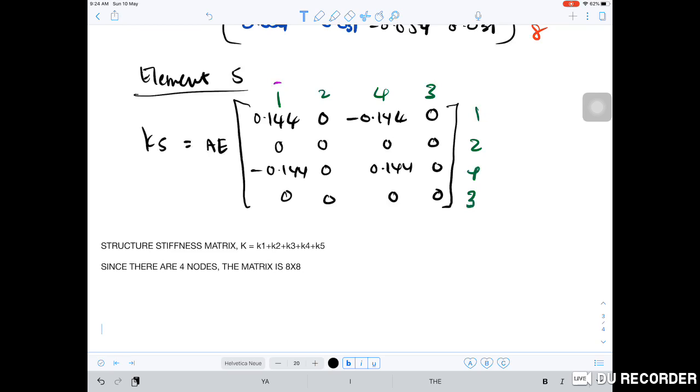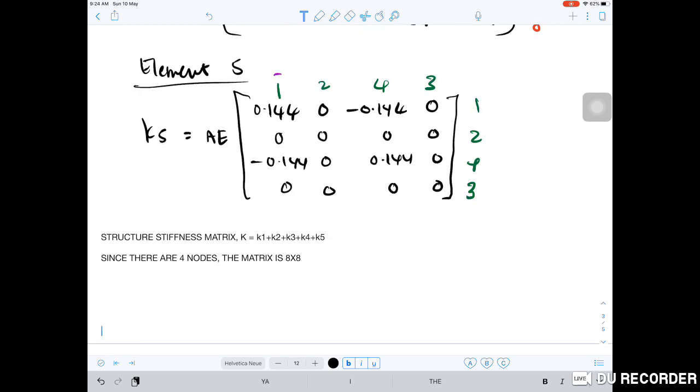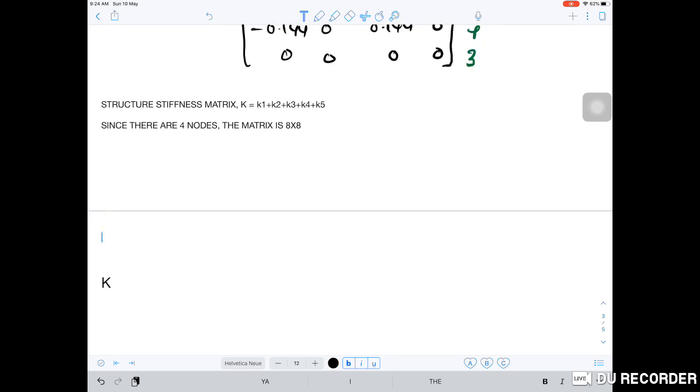We will establish the first value, which is 1 1. This is K, and K is equal to AE. Don't forget to put AE. We better determine the element stiffness matrices and the structure stiffness matrix in terms of AE, because if we multiply the value with AE first, then we will find it difficult with too many numbers in the matrix.